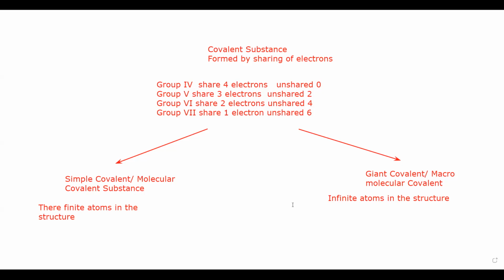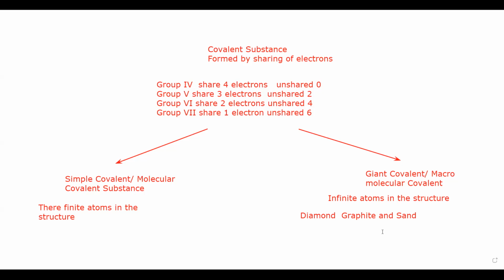So how can we identify them? We don't have to learn all the macromolecules, we just have to recall three examples. One is diamond, graphite, and sand. So these are the three macromolecular structures which you have to learn. There are more macromolecular structures, but you don't have to learn them.